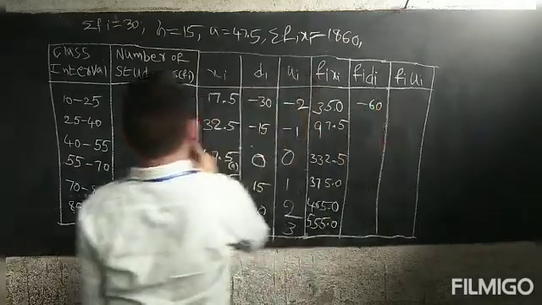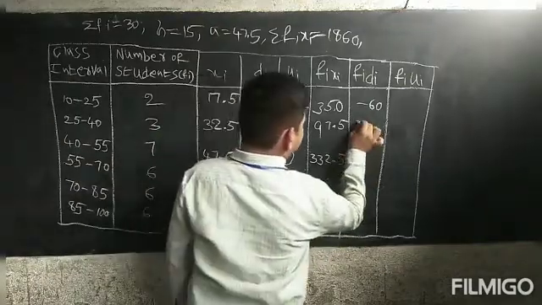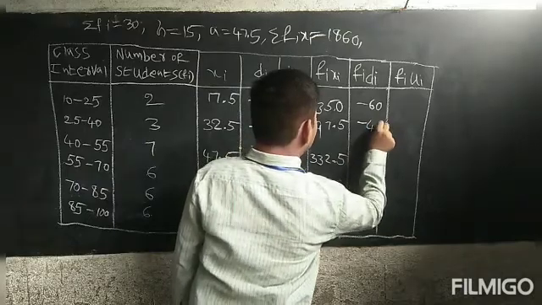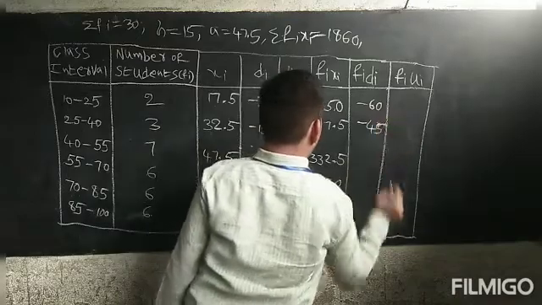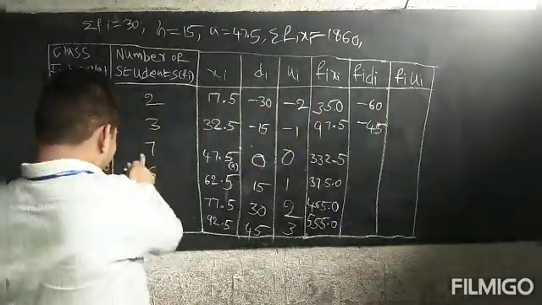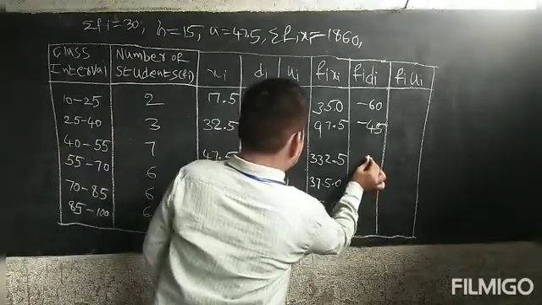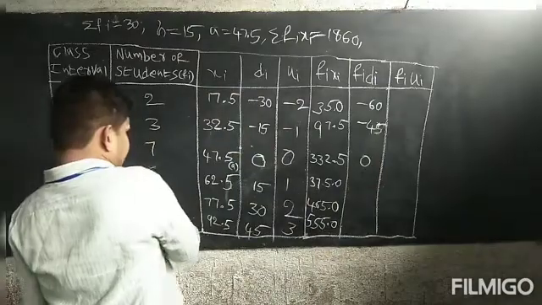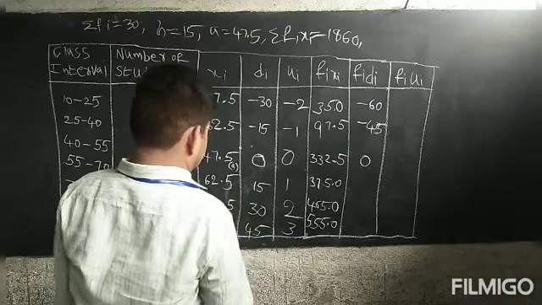Now 3 into minus 15, minus 45. Now 7 into 0, that's 0. Now 6 15 are 90.